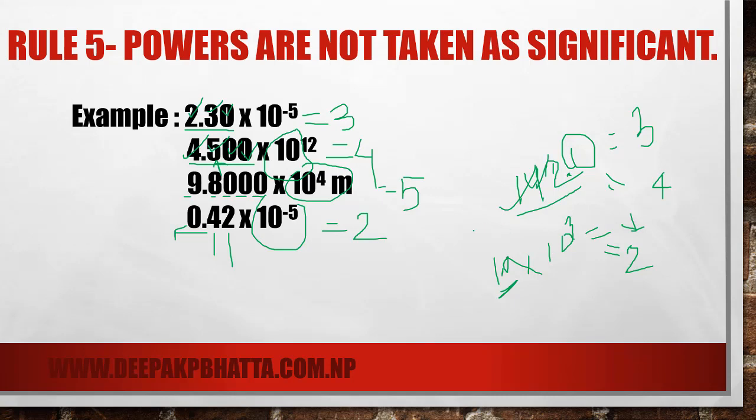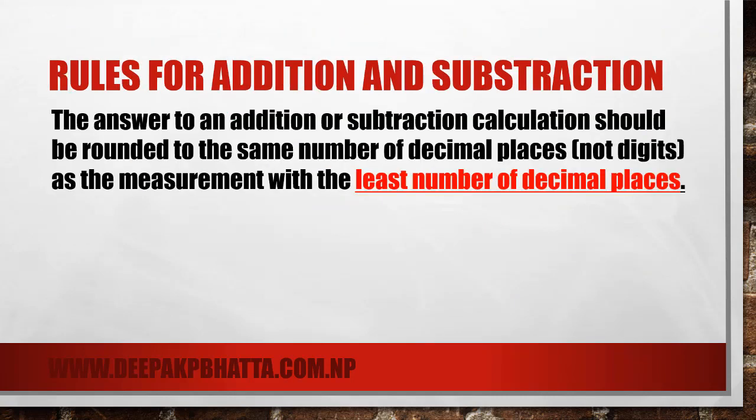Okay. Now the rules for addition and subtraction. What do we have to do for addition and subtraction with significant figures? This is applied according to the measurement with the least decimal places.